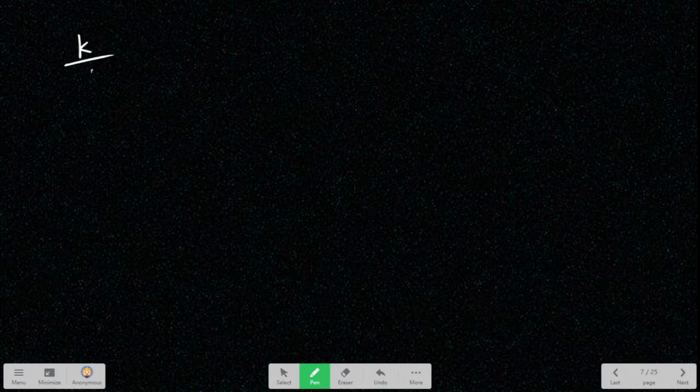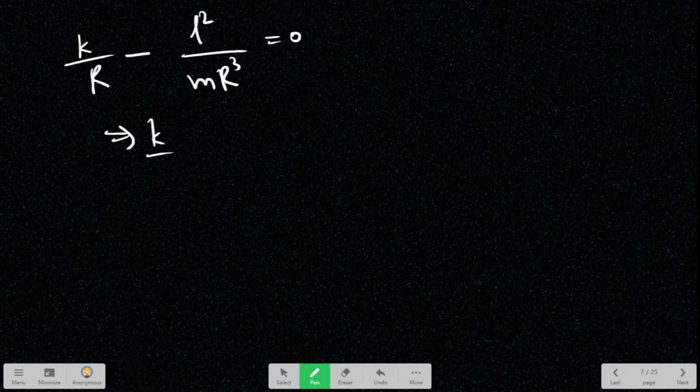This implies k by r is equal to L square upon mr cube.